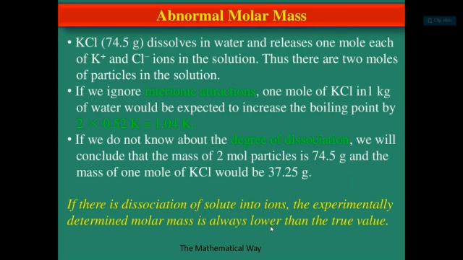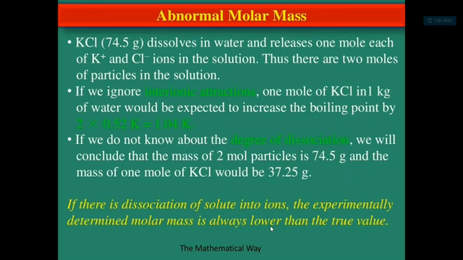What is this? For example, KCl, potassium chloride, with molar mass 74.5 gram, dissolved in water releases 1 mole each of K plus and Cl minus ions in the solution. Thus there are 2 moles of particles in the solution. If we ignore intermolecular attraction, 1 mole of KCl in 1 kg of water would be expected to increase the boiling point by 2 into 0.52.